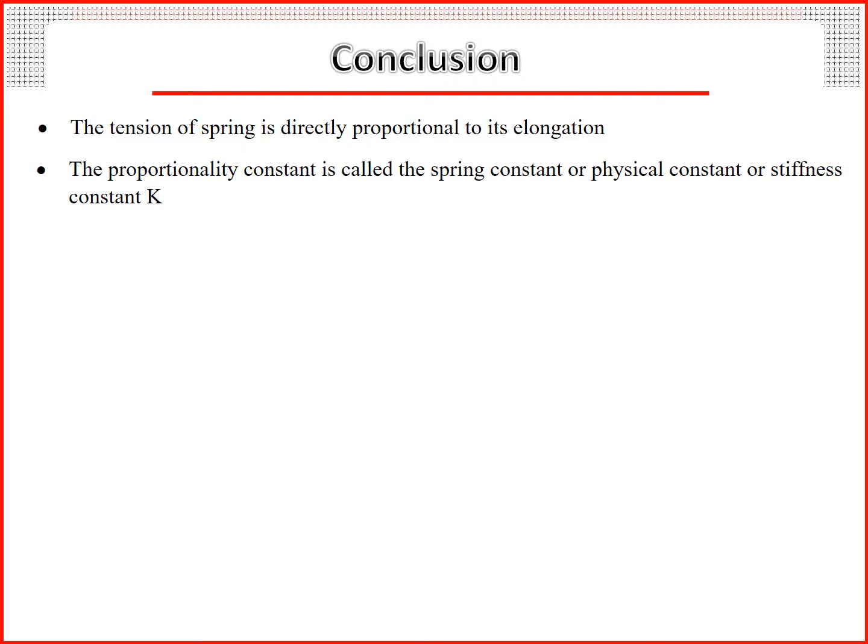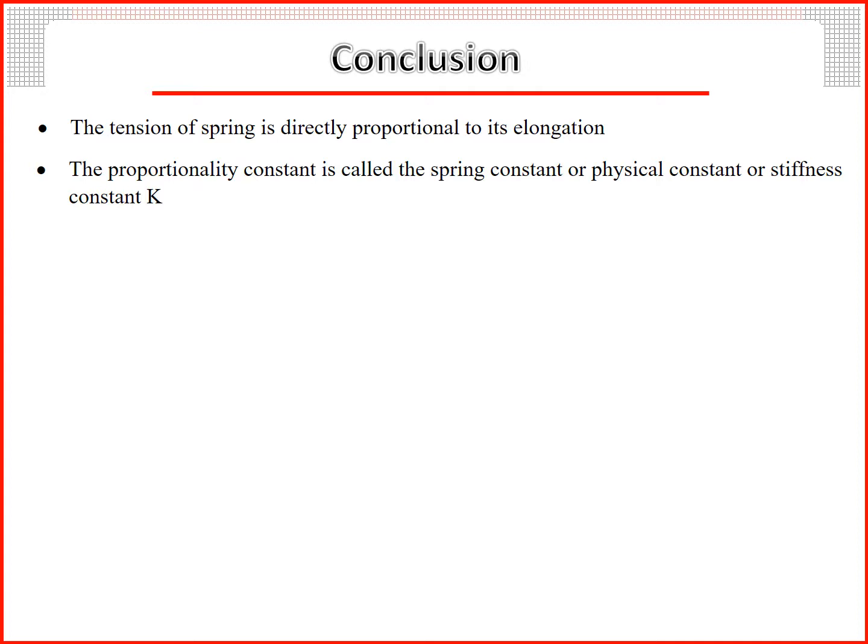As a conclusion, the tension of the spring is directly proportional to its elongation. The proportionality constant is called the stiffness constant K, which is equal T over delta L, and its SI unit is Newton per meter.